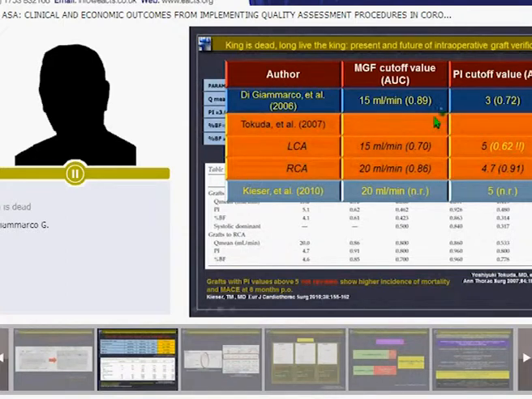It is an analysis that is able to state the good accuracy of the method. And a PI of 5 for the left territory from the paper of Tokuda is just at the border of significance for the AUC, the area under curve. And the ability to predict the patient outcome.